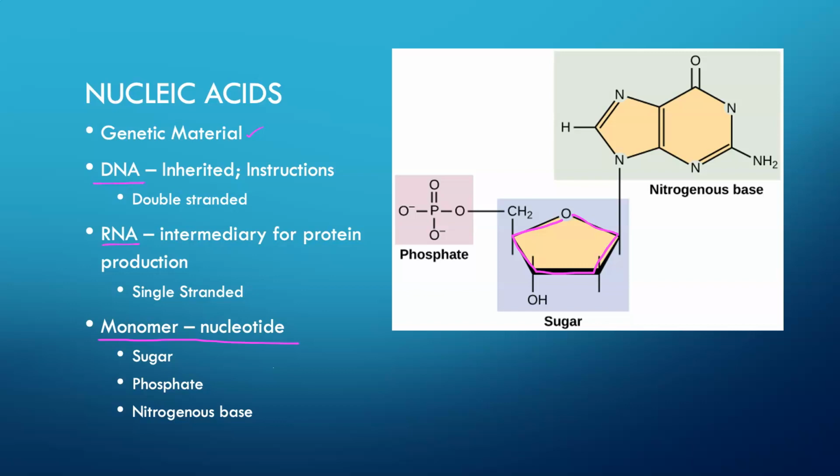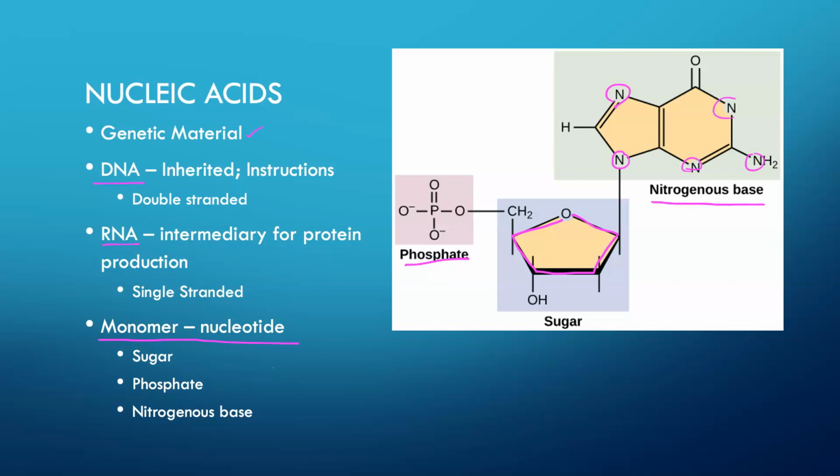One other component is what we call a phosphate. That was one of those functional groups that we looked at at the beginning of this lesson. And the third component is what we call a nitrogenous base. Sometimes I'll just refer to it simply as a base. Nitrogenous means that it contains nitrogen, and you can see, in fact, that it does have multiple nitrogen atoms as part of this particular base.